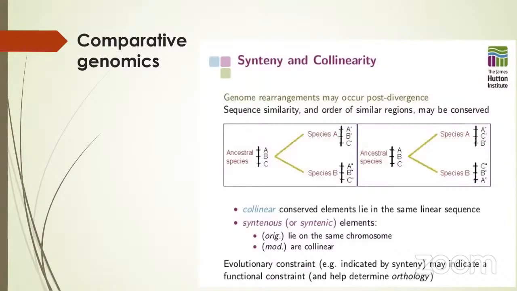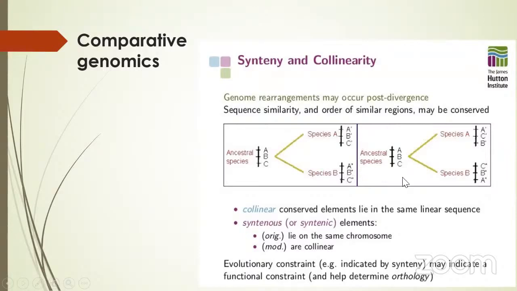So what is synteny and what is collinearity? For example, the ancestor has ABC. Now they have diverged into two species. Species A has A' B' C', and species B has A'' B'' C''. There may be a condition that all the genes are somehow changed. A is not similar to A', but somehow similar.